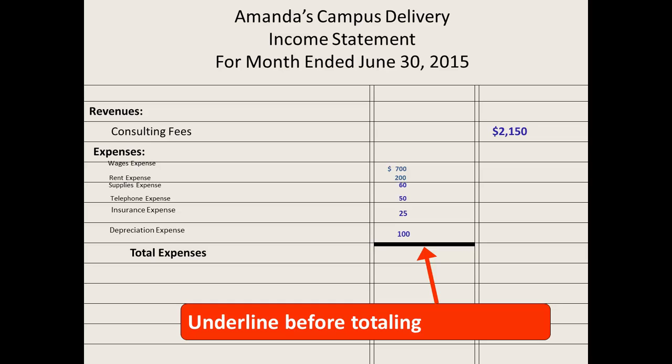For your Pony Ride To Go project, you have 2 different revenue accounts, and so you will have to put them in the left-hand column, add them up, and the total revenues will go over to the right-hand column.